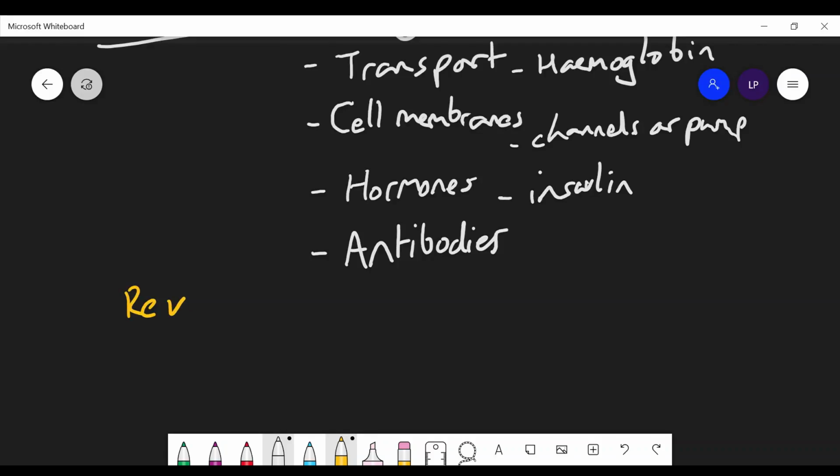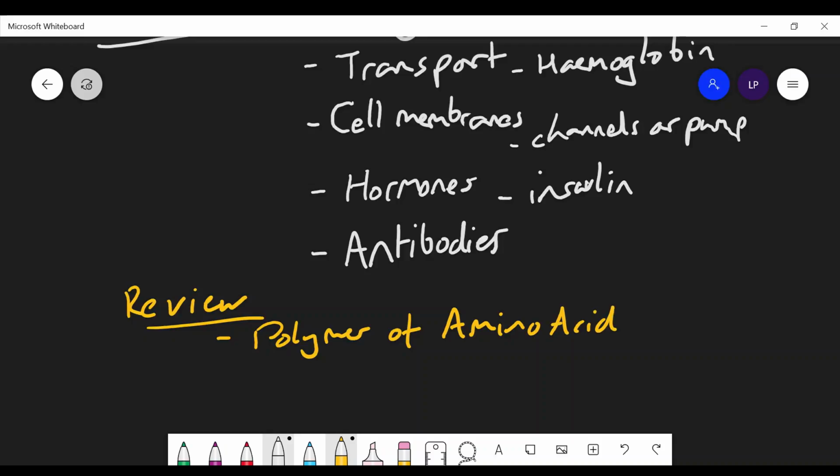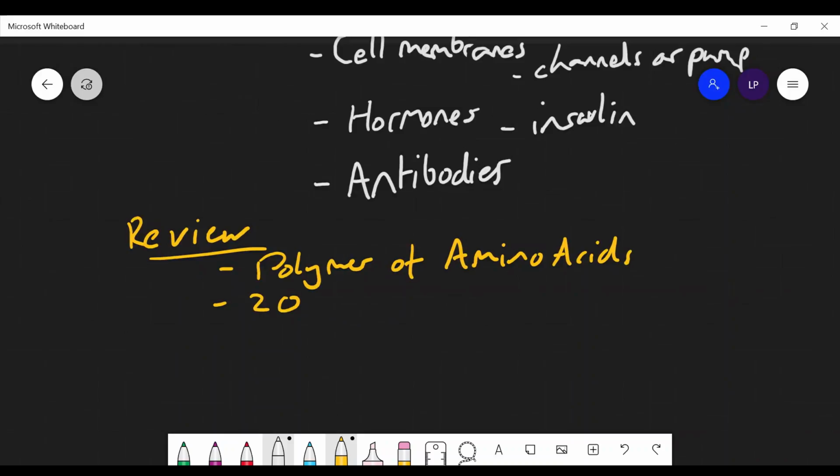So to recap, we know that our proteins are a polymer of amino acids. There are 20 amino acids. 9 are essential and 11 are non-essential.